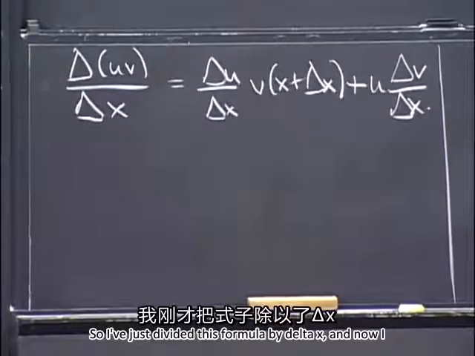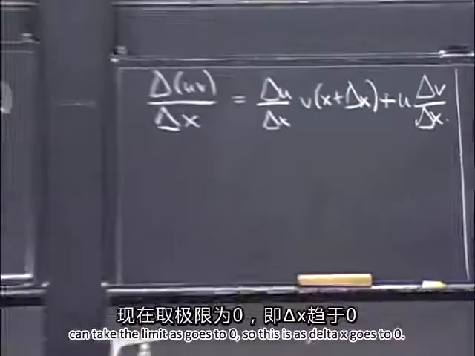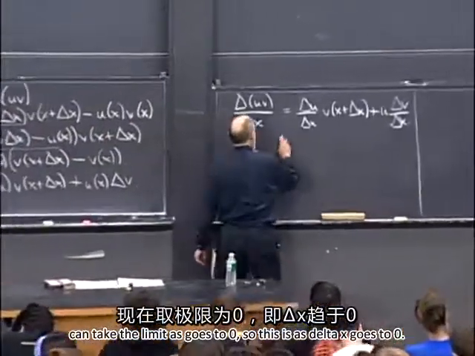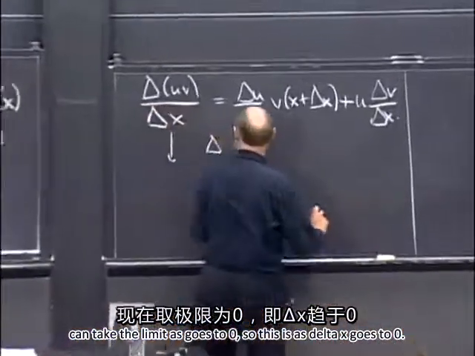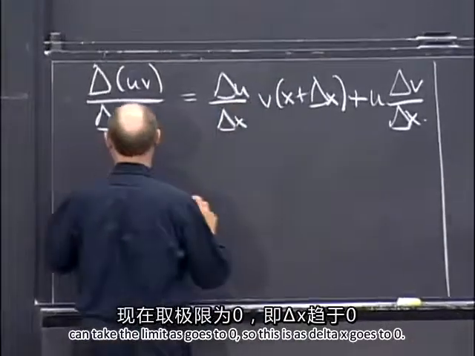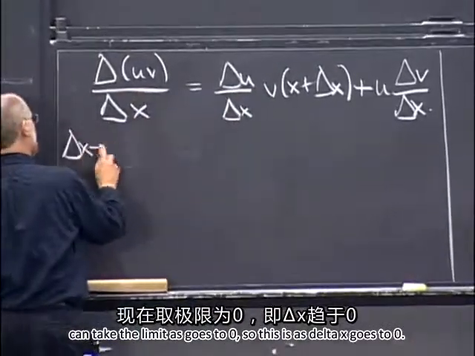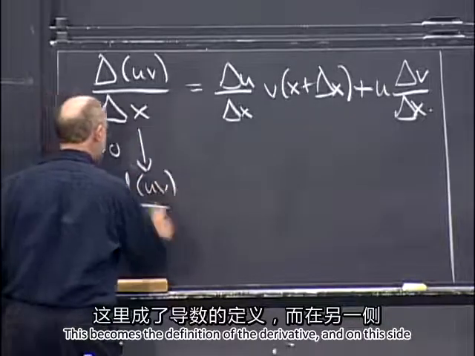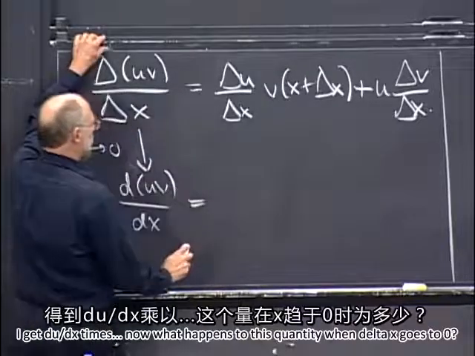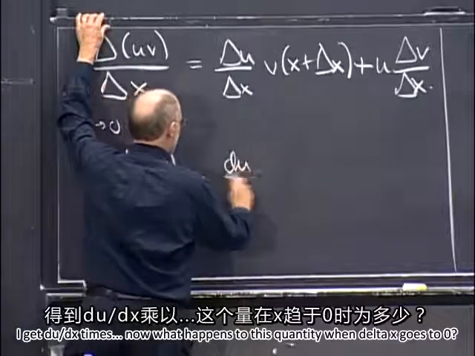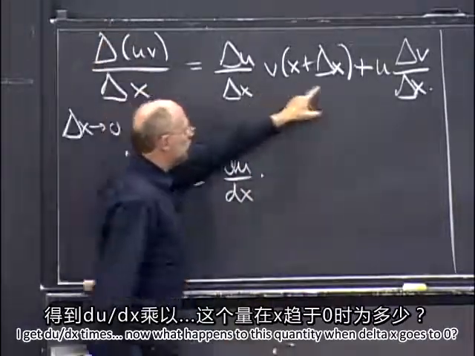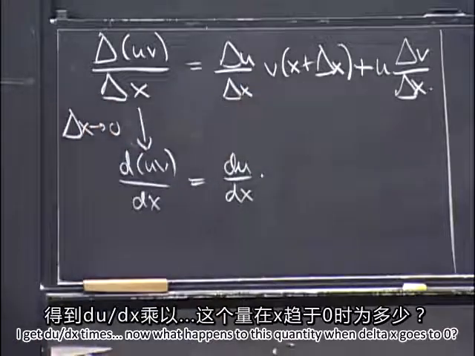So I've just divided this formula by delta x, and now I can take the limit as delta x goes to 0. So this becomes the definition of the derivative. And on this side, I get du dx times, now, what happens to this quantity when delta x goes to 0?